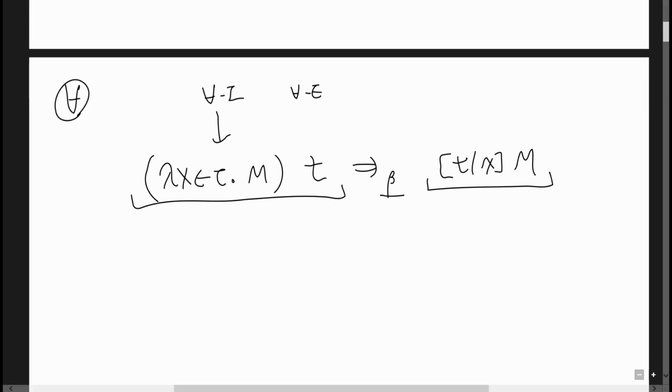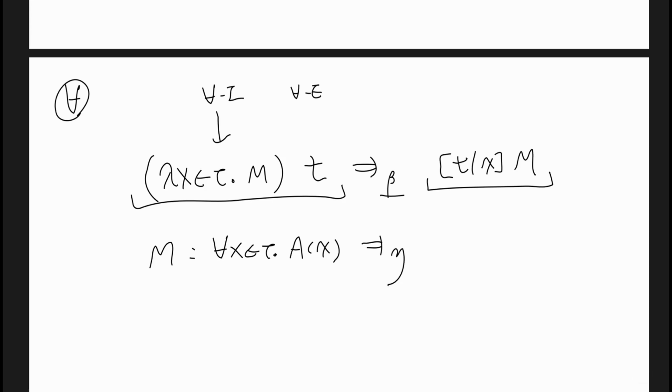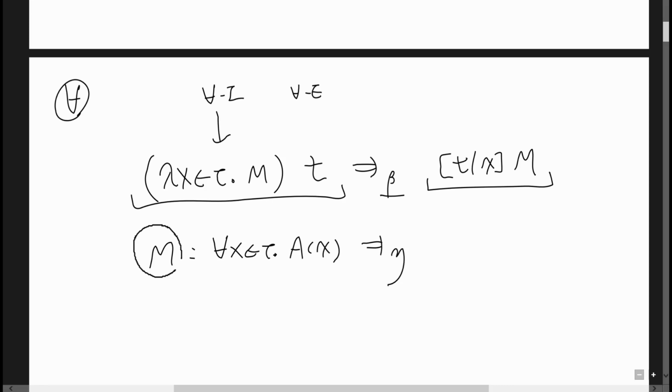What about eta expansion? Assume that you have a proof term of this for all type, for all x of type tau, A of x. And the question is, how can we eta expand it? By deconstructing and then rebuilding it. So intuitively, this represents a function.